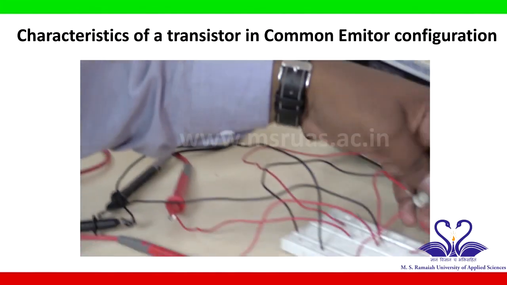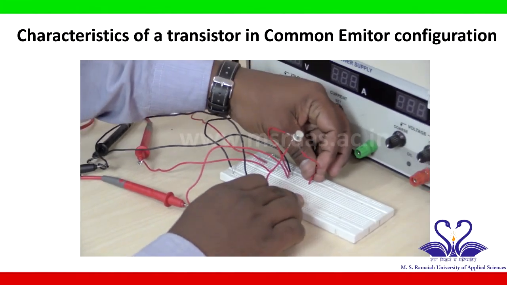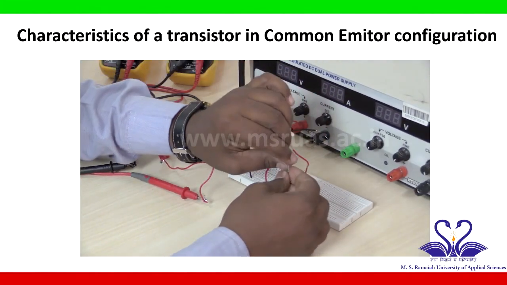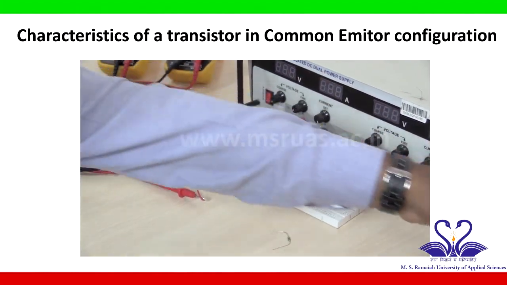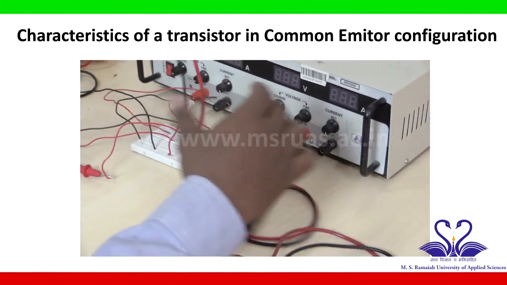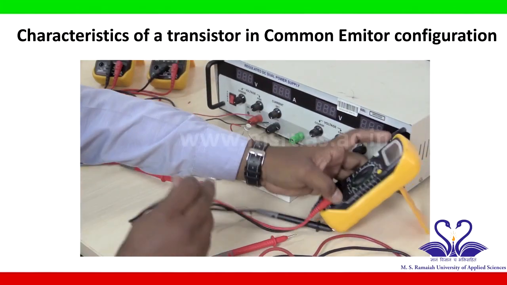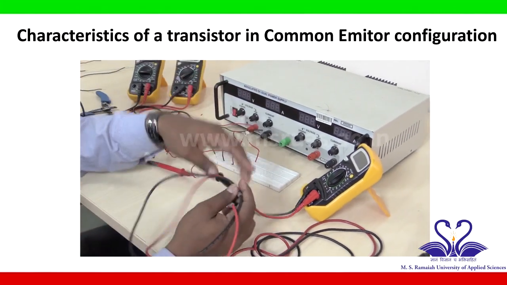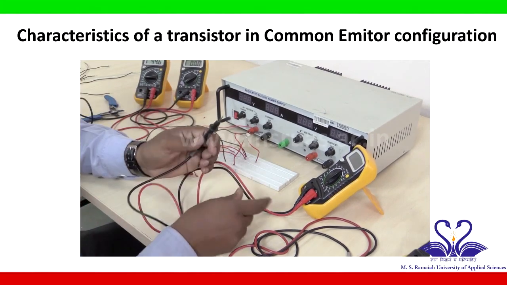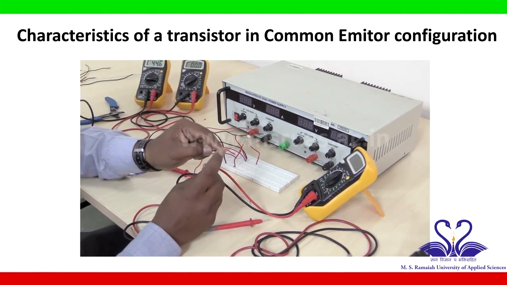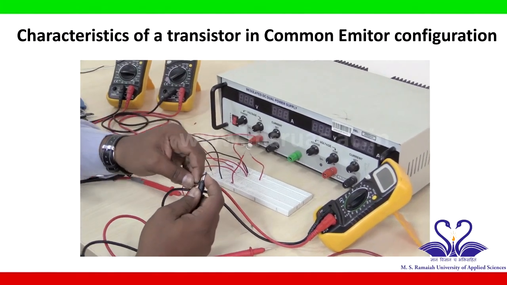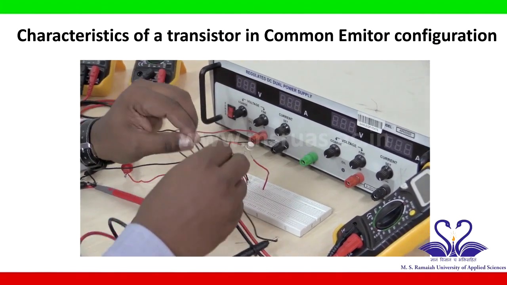Now, based on the circuit connection, the collector is connected to an ammeter. So take one multimeter, connect this as an ammeter. So this is the negative of the ammeter. Take a connecting wire, connect to this wire, which is connected to the collector.